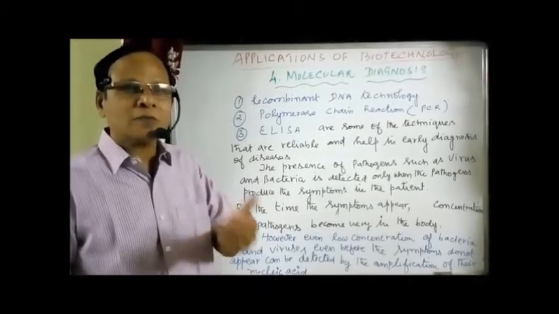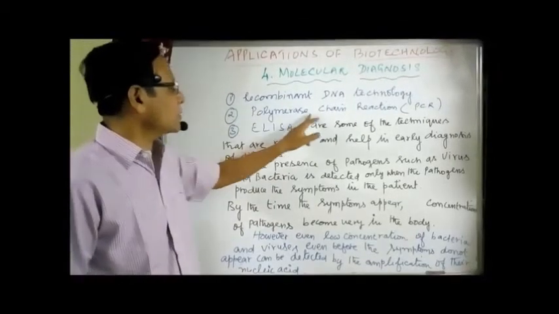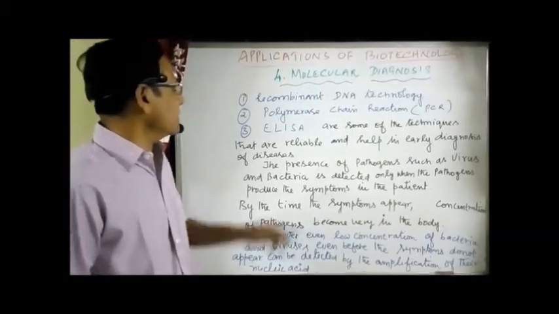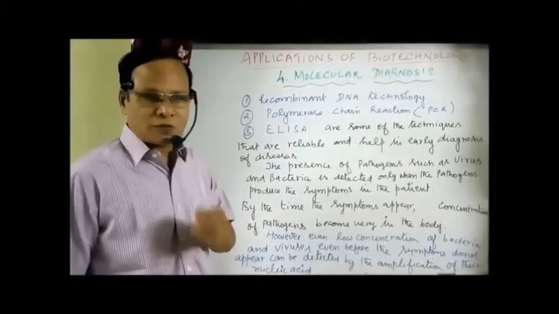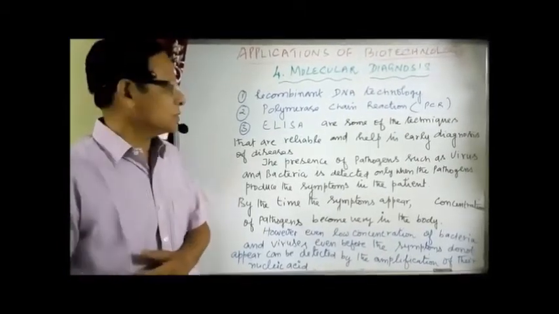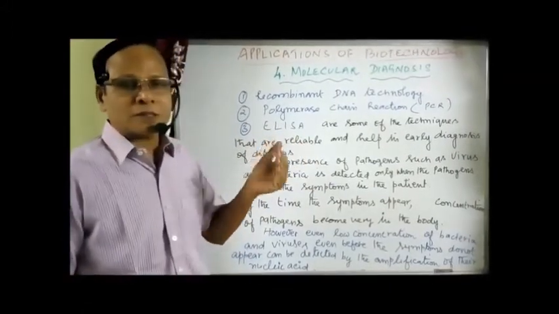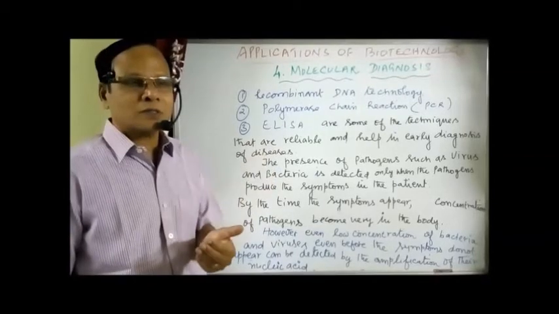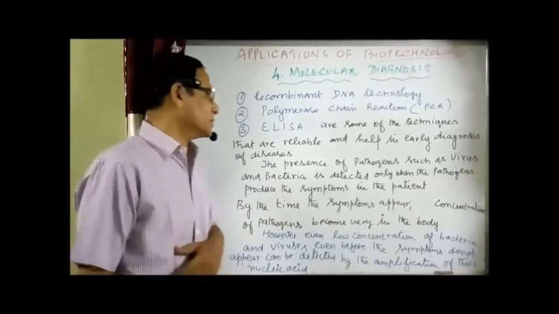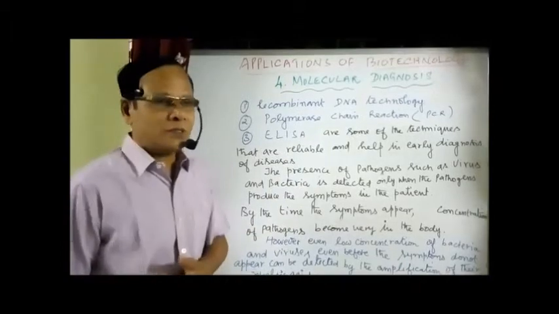We can increase the number of genes, multiplying them in billions, with the help of polymerase chain reaction. Then the ELISA test, which is used to find out whether a person is HIV positive or not. All such methods are concerned with molecular diagnosis, diagnosis at the molecular level, not by conventional methods. These are more reliable and help in the early diagnosis of the disease.